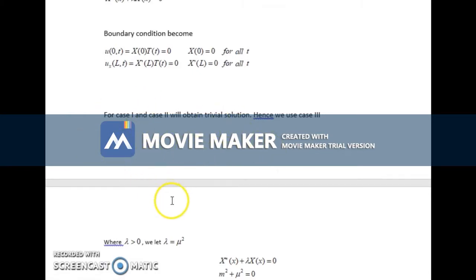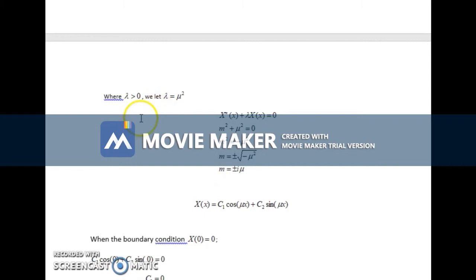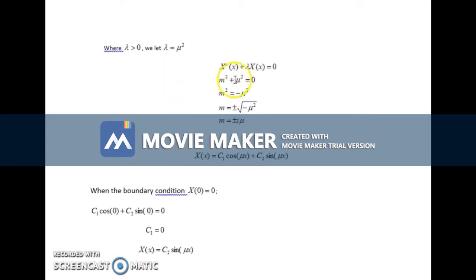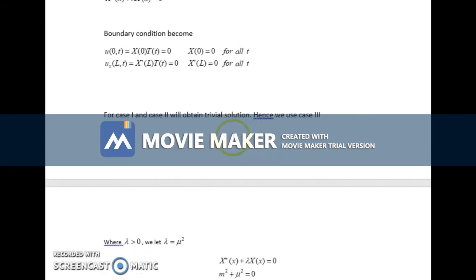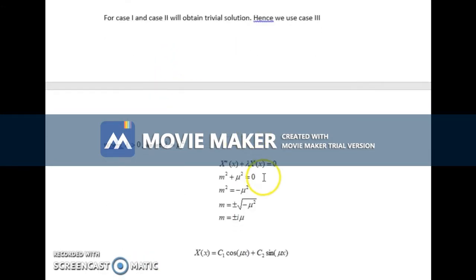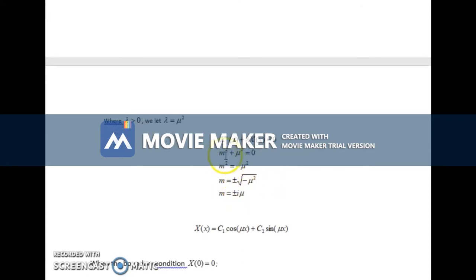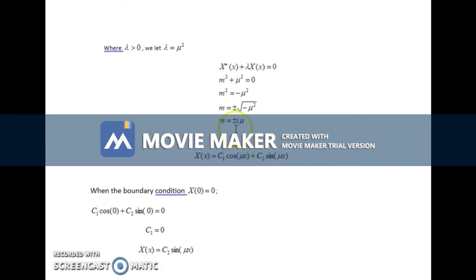In this case, we use case 3. It is because for case 1 and case 2, we will obtain trivial solutions. So in case 3, where lambda is greater than 0, we let lambda equal mu squared. We substitute into this equation and use the auxiliary equation to find m, and we will get m equals plus minus i mu.